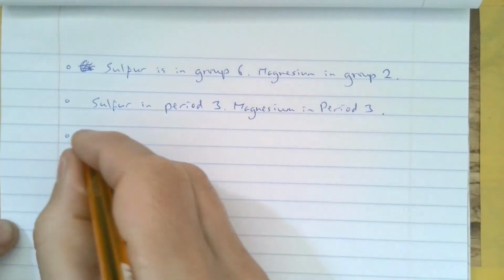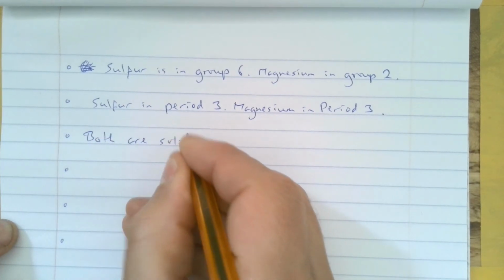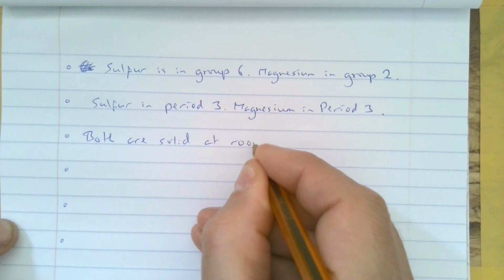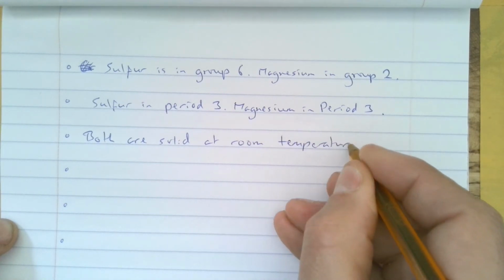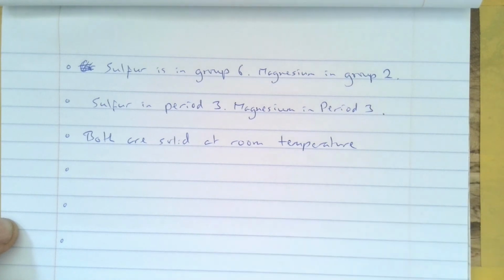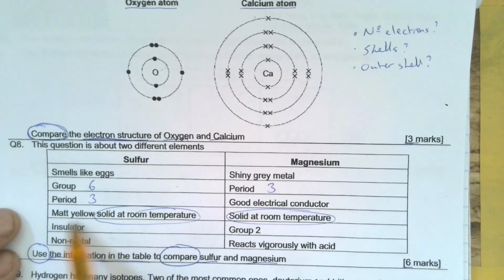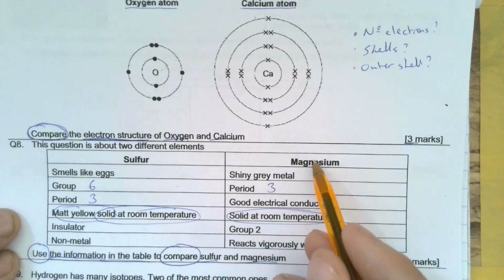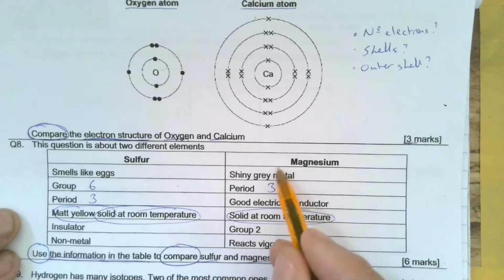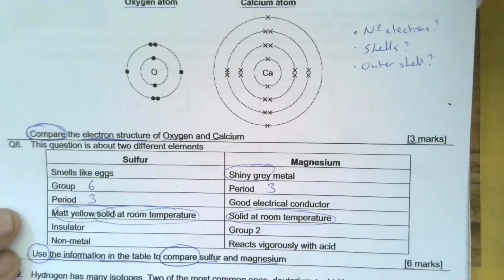So both are solid at room temperature. The matte yellow bit there is irrelevant. But actually it is relevant, because sulfur is a matte yellow solid, whereas magnesium is a shiny grey solid. So I can make a comparison of colour.